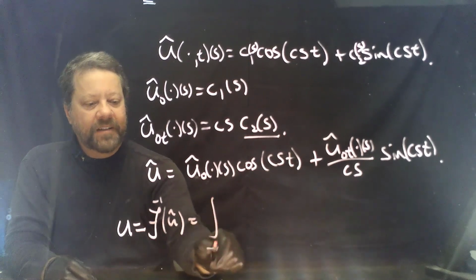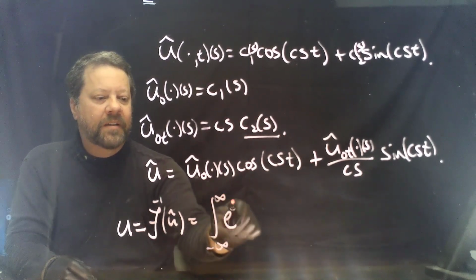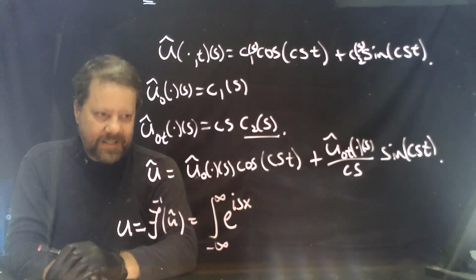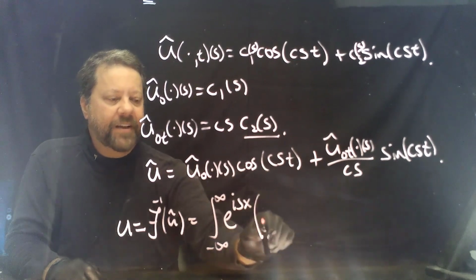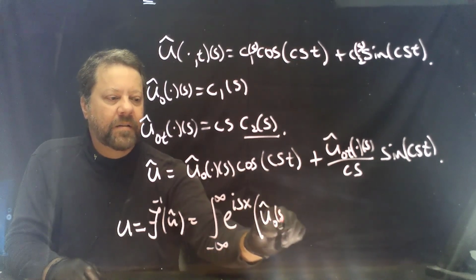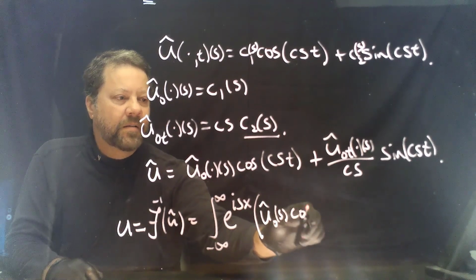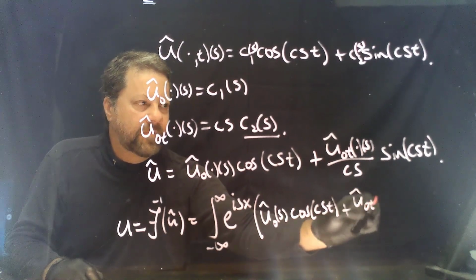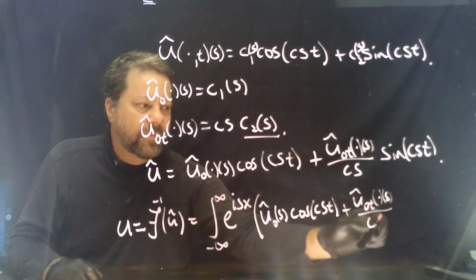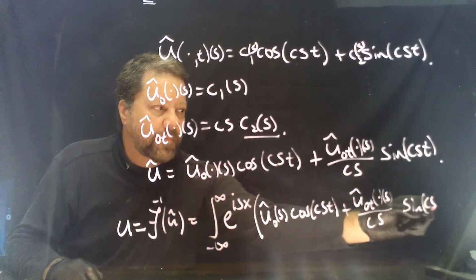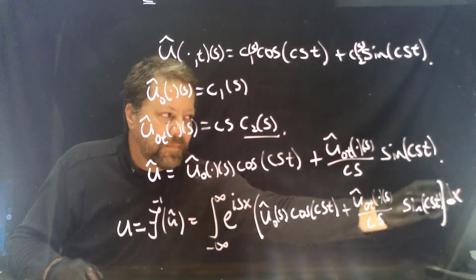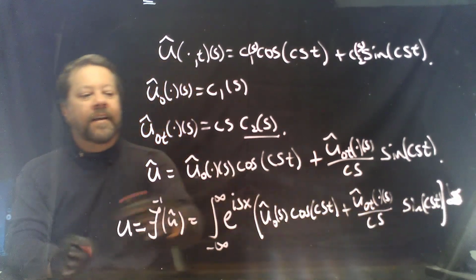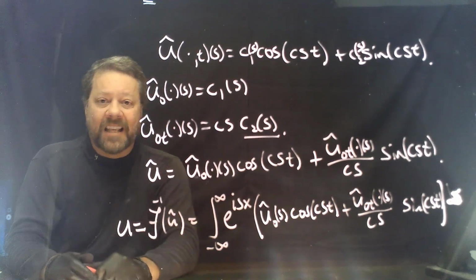And so we'll integrate e to the isx times the function that we have here, we integrate out s, leaving then a function of x and t.